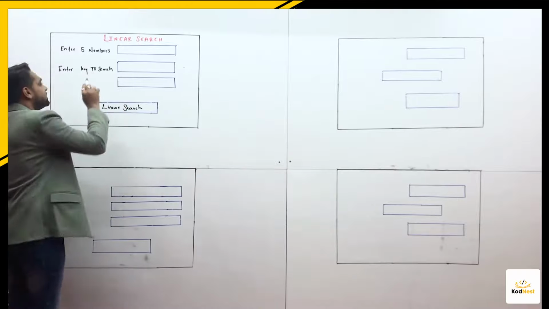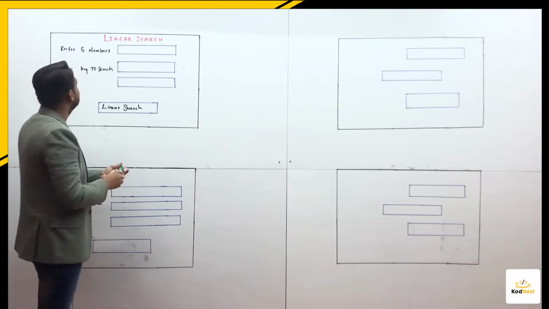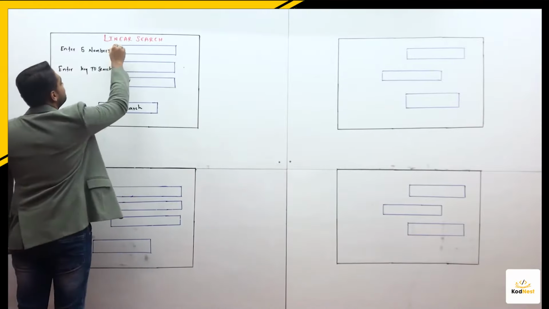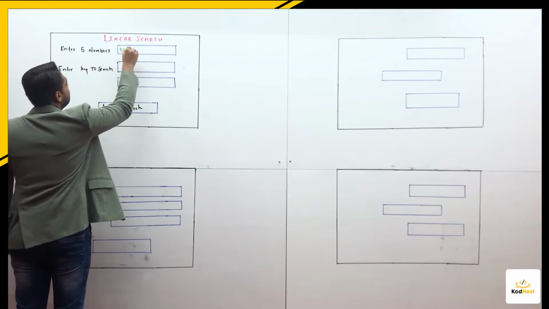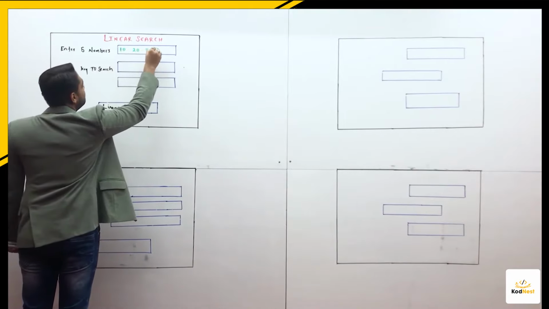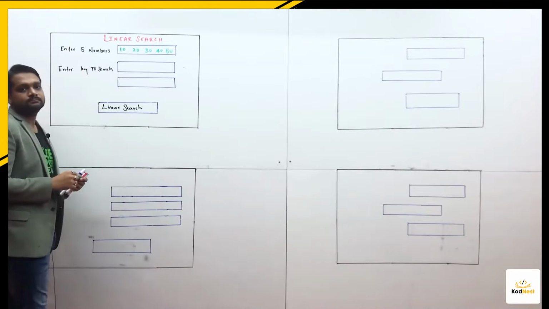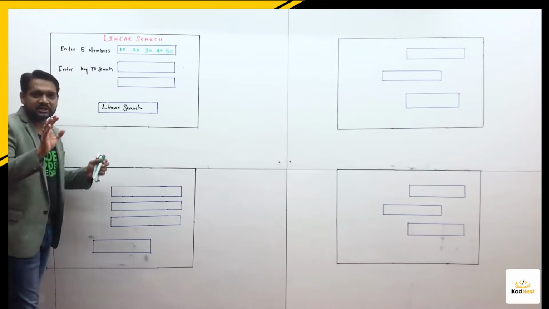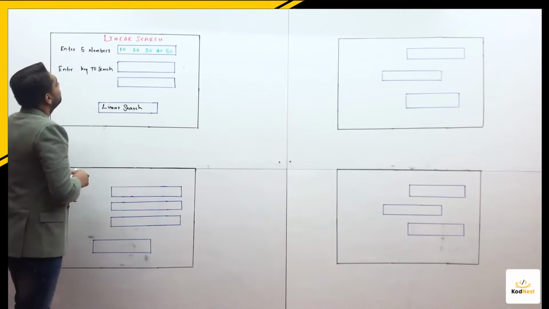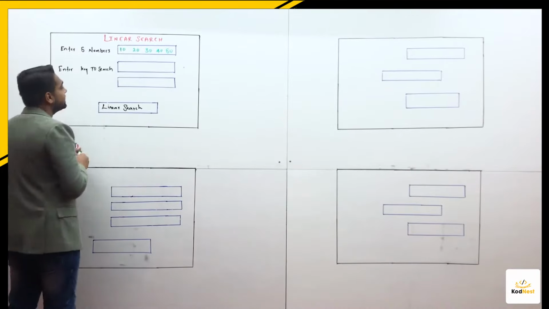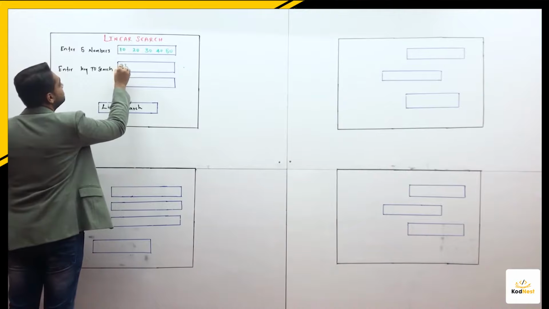Supposing, just an assumption, the user has entered 5 numbers like this, 10, 20, 30, 40 and 50, and the key to search is 30.